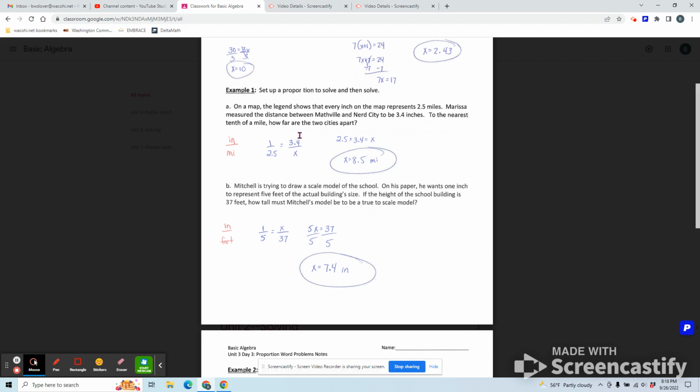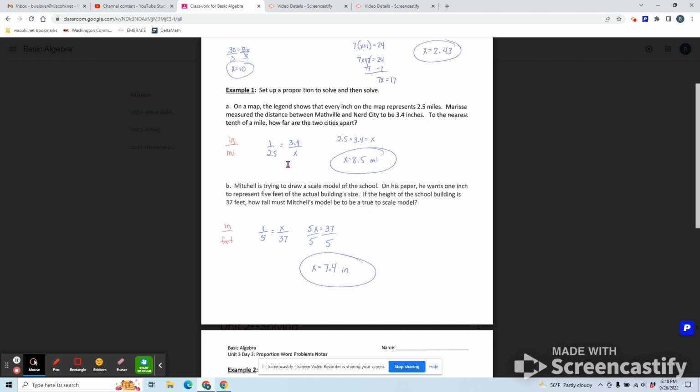Once I have my proportion, and that's the toughest part, setting it up, I'm going to go ahead and cross multiply. So 2.5 times 3.4 is going to equal 8.5 miles as my answer. Now, just like we did in day one, we need to check to make sure this is a reasonable answer.